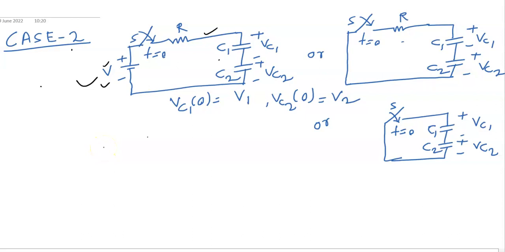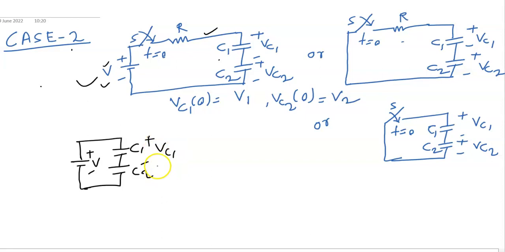Before proceeding, one thing I want to discuss: when you have two capacitors C1 and C2 connected to a voltage source, and I assume there is no initial voltage across the capacitors, what will be the steady state values Vc1 and Vc2 when I apply a DC voltage of V volts?